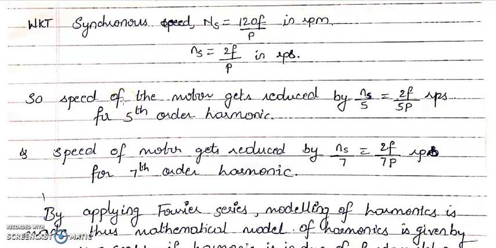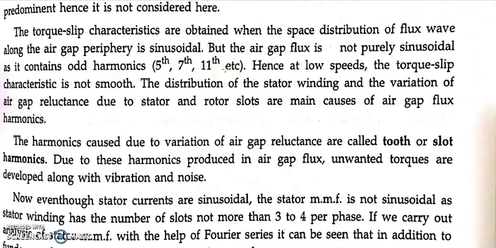One more thing we missed here: the fifth harmonic as well as the seventh harmonic are very dominant in nature, whereas the remaining harmonics like 11, 15, 19, depending upon the exception of 3N, are not much dominant.